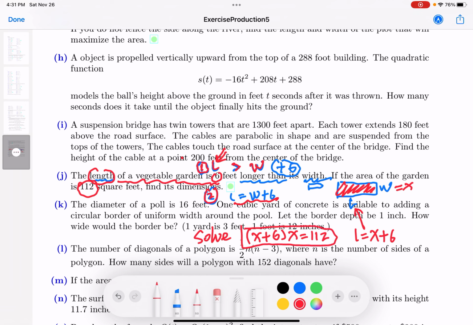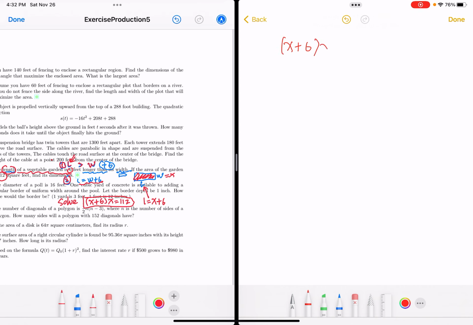Okay, let me take my notes out. So here is my note. And we write down the equation, which is X plus 6 times X equals 112. By distributive property, X times X is X squared, and then plus 6X. That would be equal to 112.